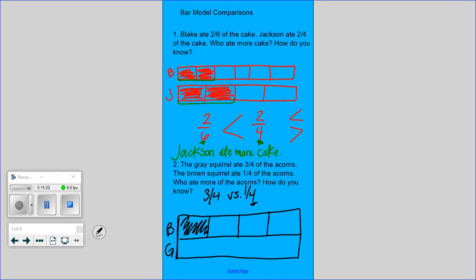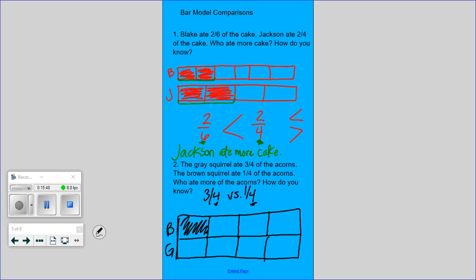Alright, my gray squirrel ate 3/4. So how many pieces am I breaking that bar into? Madeline? 4 pieces. I'm breaking it into 4 pieces because the denominator is the exact same.